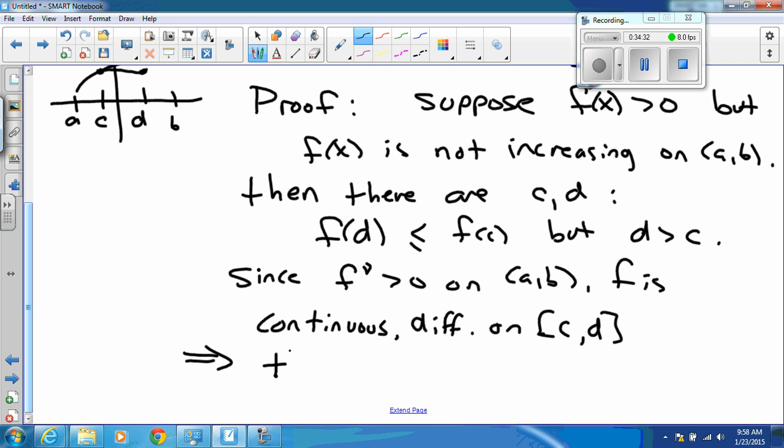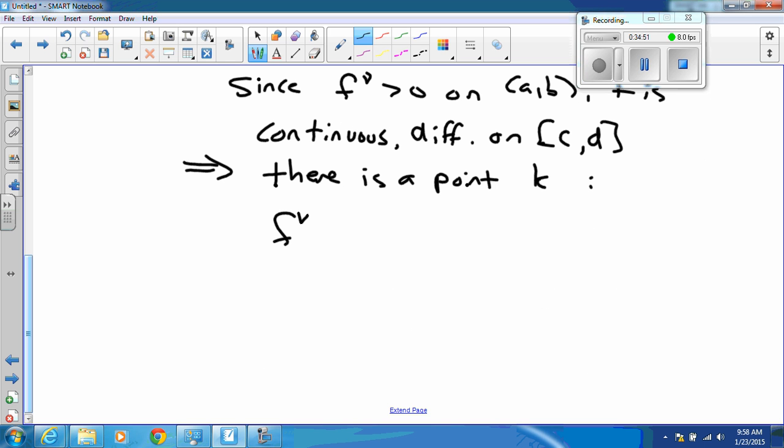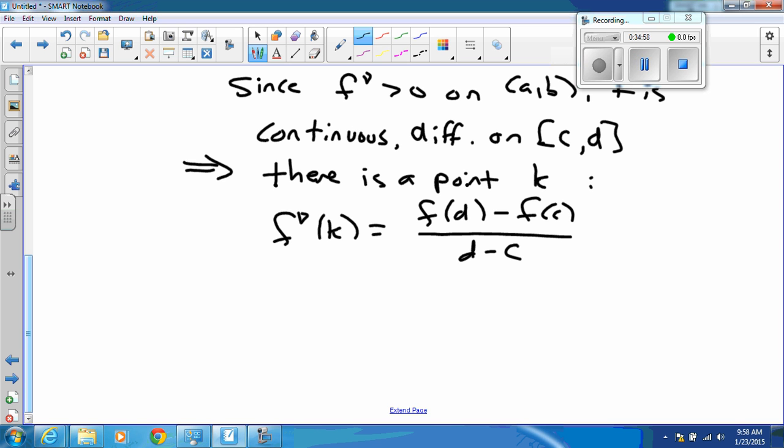That means that there is a point, and I've already used the symbol c, so I don't want to reuse that. Let's use a different symbol, maybe k. k works. There is a point k, x equals k, such that f prime of k is equal to f of d minus f of c all over d minus c. The mean value theorem guarantees this fact.